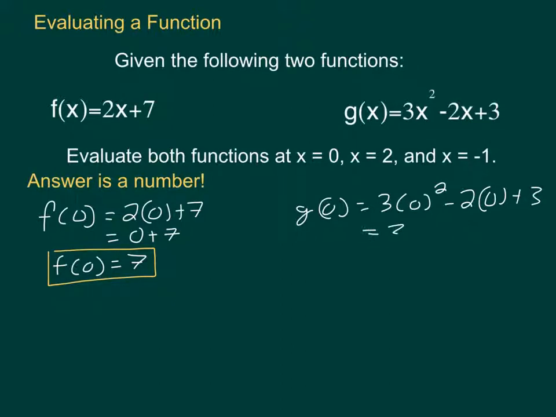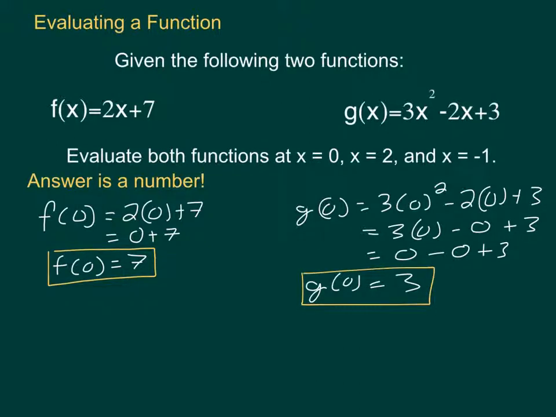Well, 0 squared is 0. 2 times 0 is 0, plus 3. 3 times 0 is 0. And then going across here, 0 minus 0 is 0, plus 3 is 3. So we have g of 0 equals 3. We're not going to divide each side by f or g or 0. That's what our final answers look like.